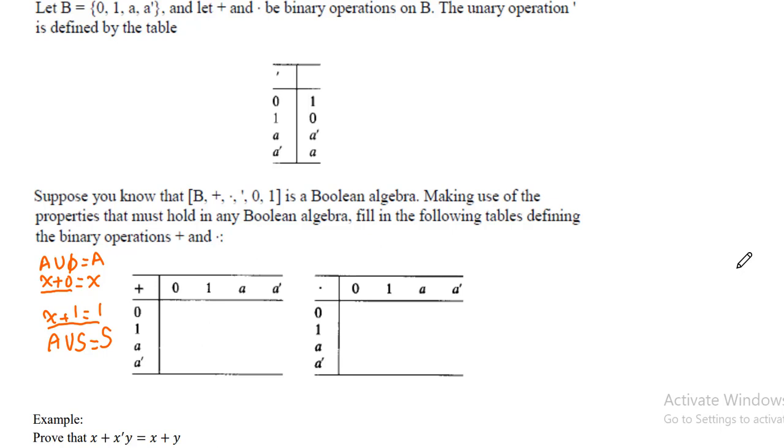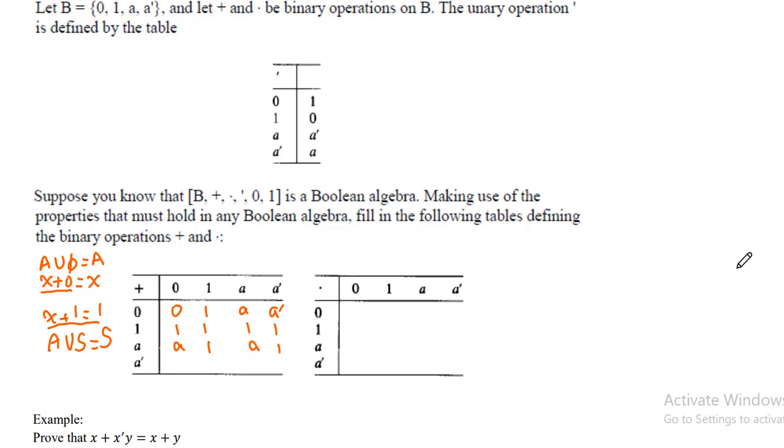So let's apply this to the table here. 0 plus 0, that means you have the identity property. 0, 1, A, not A. And plus 1, you get 1 everywhere. And then A plus 0, when you add a 0, again, you get A. You get 1, A, and 1.